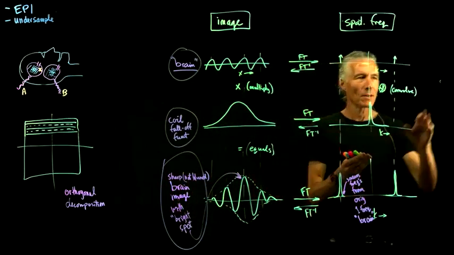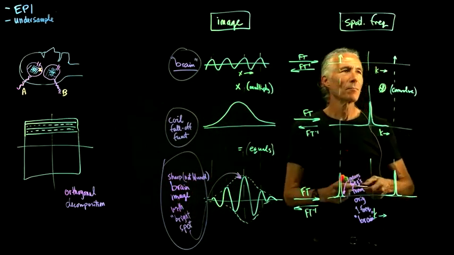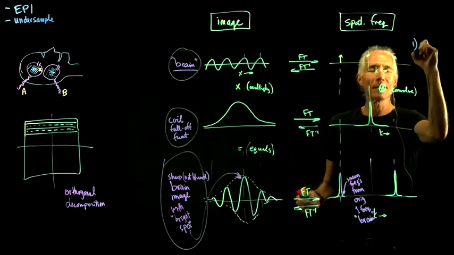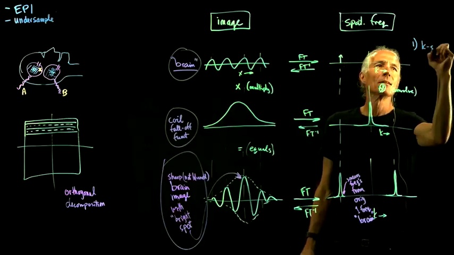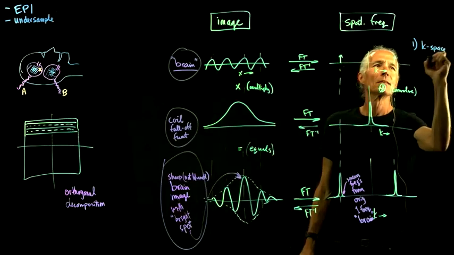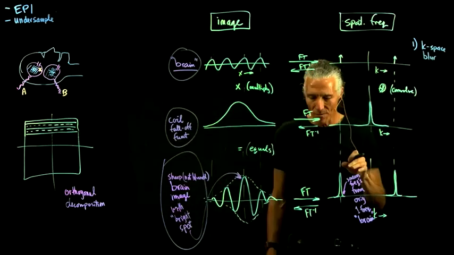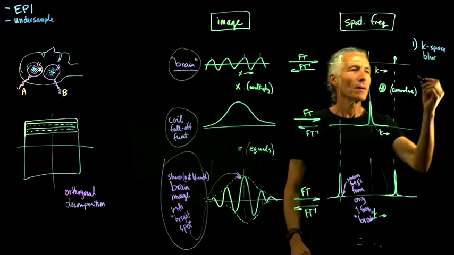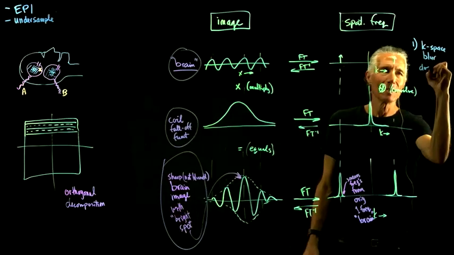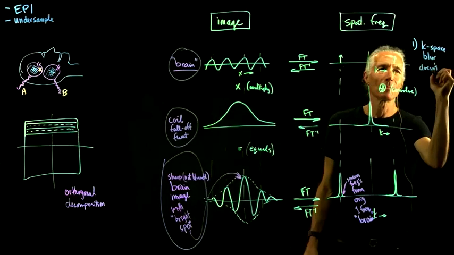So what are the take-home points? The first take-home point is K-space blur. We moved spatial frequencies over, but remember, it doesn't blur the image. It just makes a bright spot.